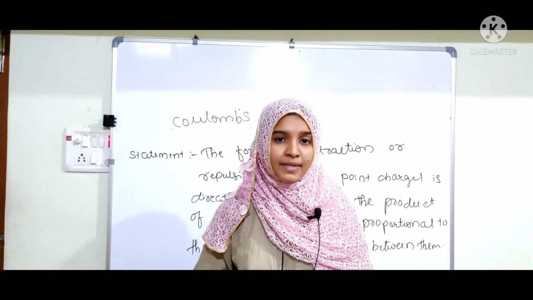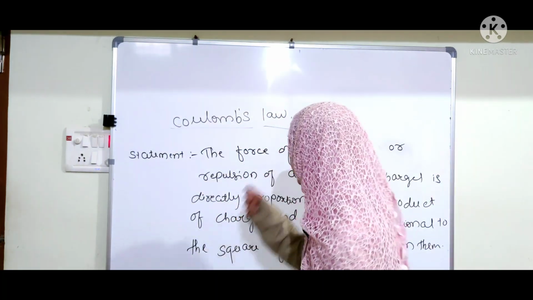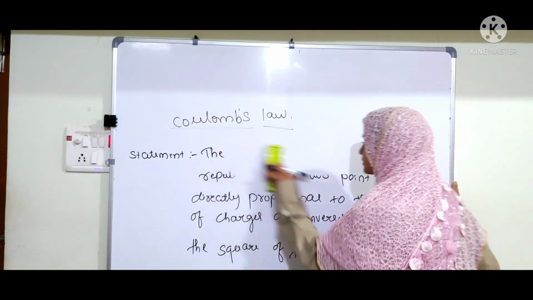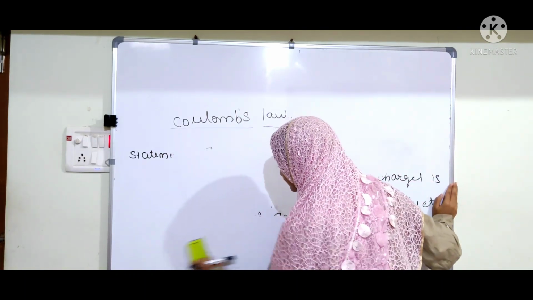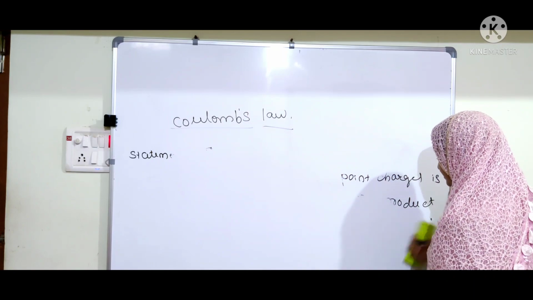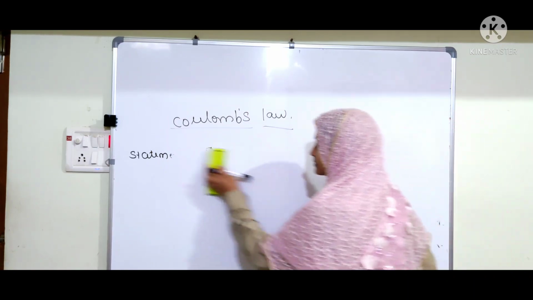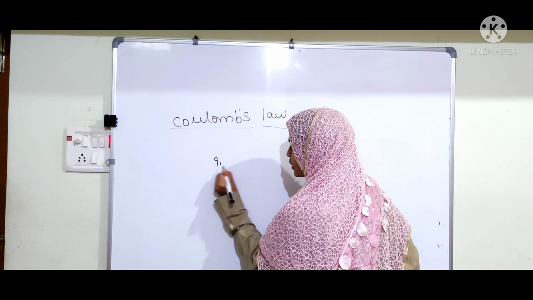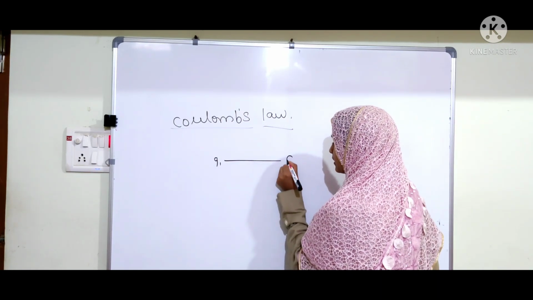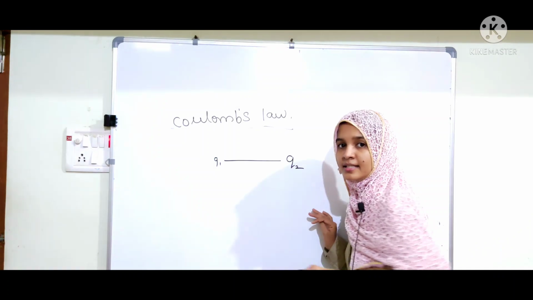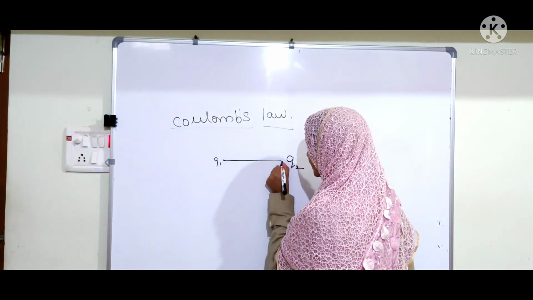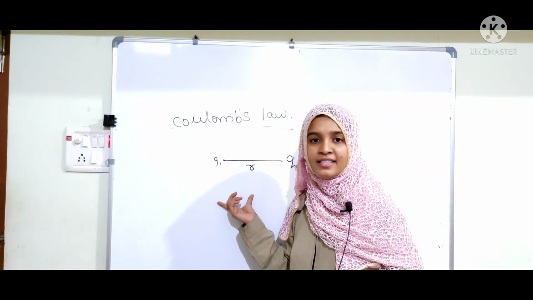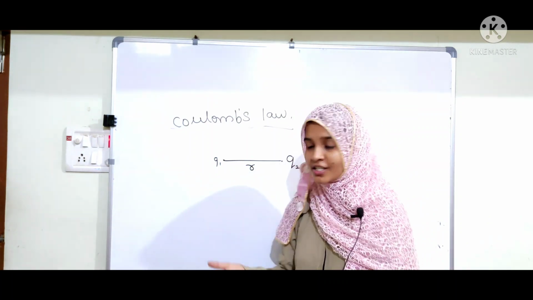Let's see it from the mathematical equation. Suppose I have two charges Q1 and Q2 which are separated by the distance R. How can you write the statement in the form of an equation?